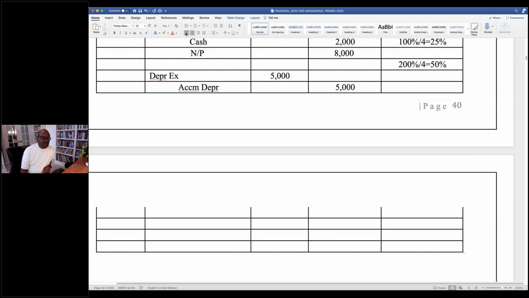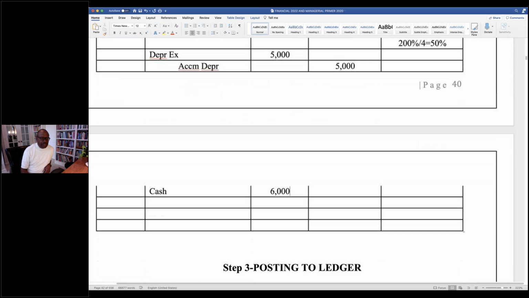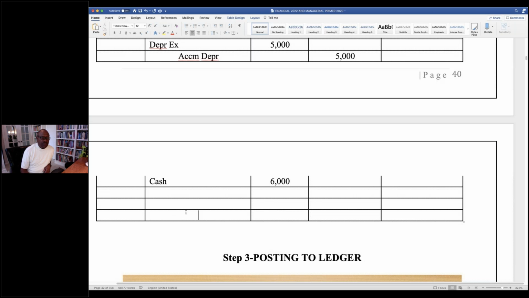Well, if we sold it for $6,000, we know we're going to debit cash for what? $6,000. Okay. We sold an automobile. The automobile cost us $10,000. So we're going to credit the auto for $10,000.